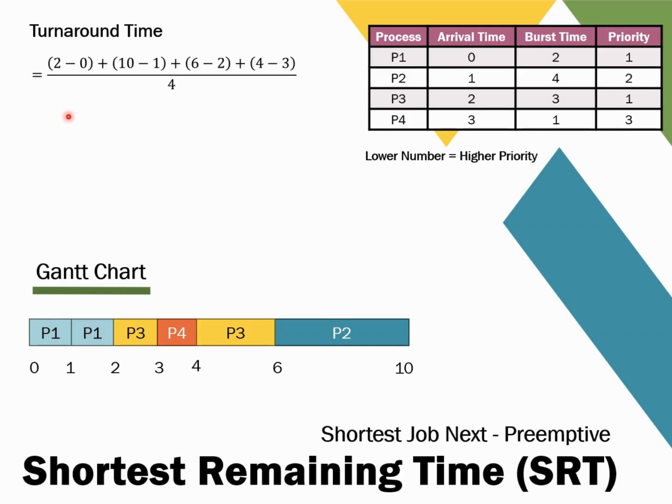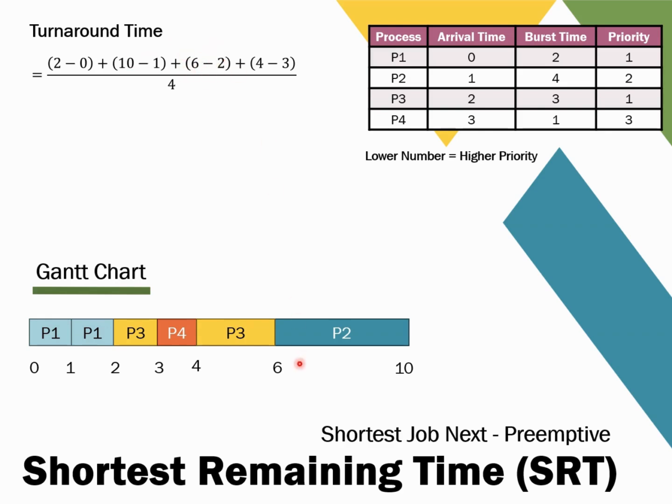P1 is completed at 2 but arrived at 0, so 2 minus 0. P2 is completed at 10 but arrived at 1, so 10 minus 1 is the turnaround time for P2.